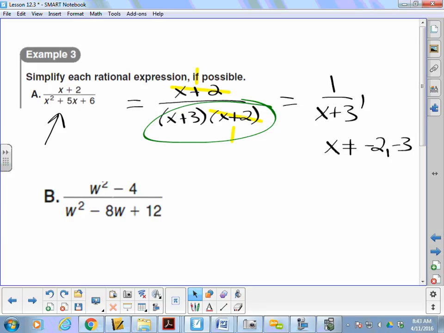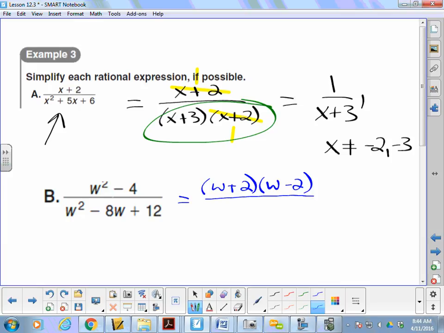The W squared minus 4: two terms, one of them squared. Actually, they're both squares, because 4 is a square also. So we have the difference of 2 squares here in the numerator. So that's W plus 2 and W minus 2.